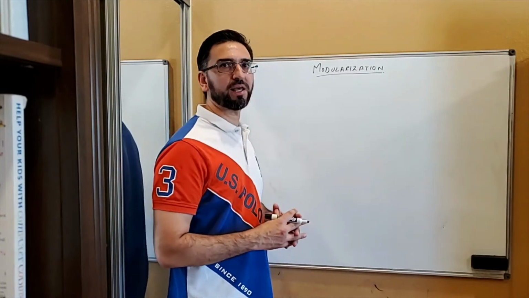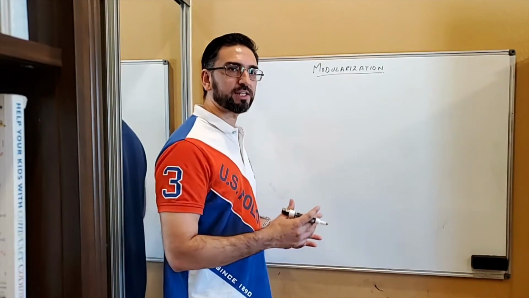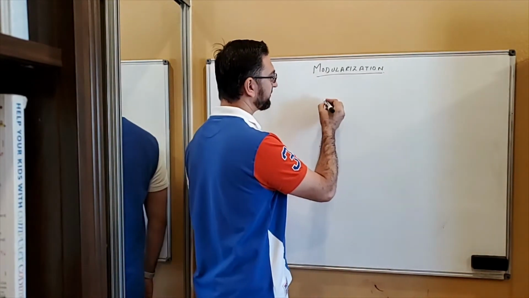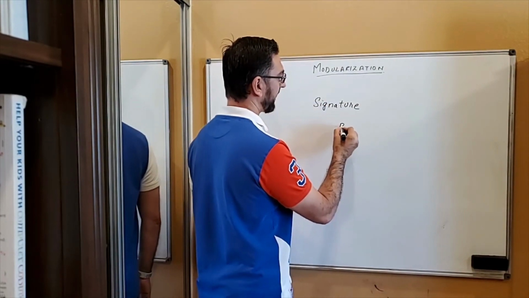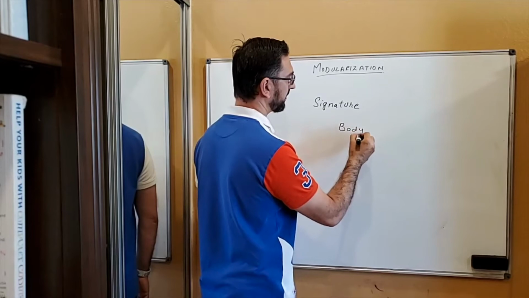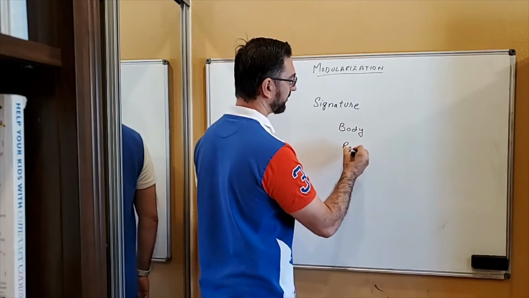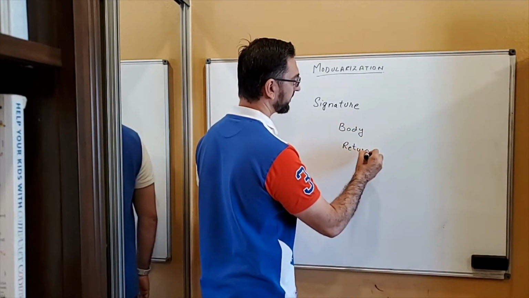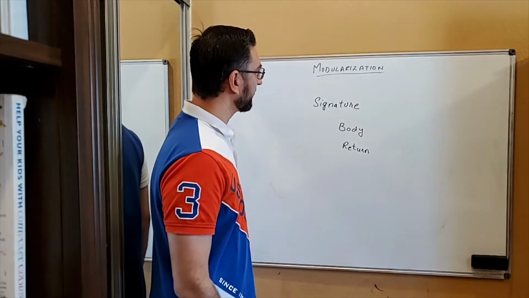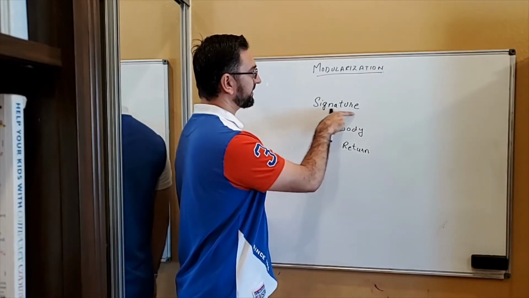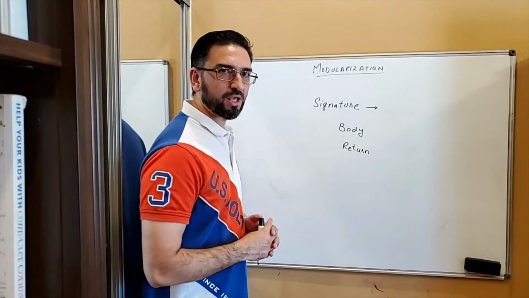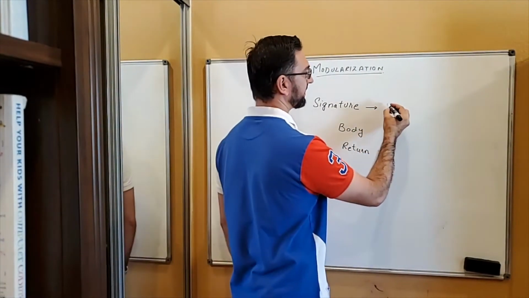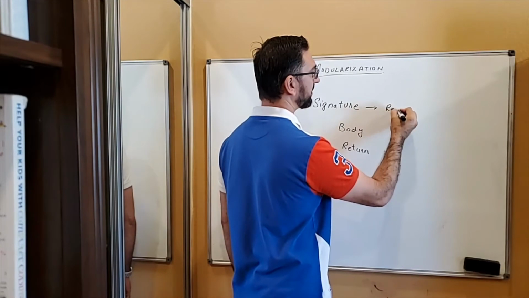In a programming language, a function can be defined as follows. Each function has a signature, and it has a body, followed by a return. Okay, so this is the function signature. So in most programming languages, a signature consists of a return type.